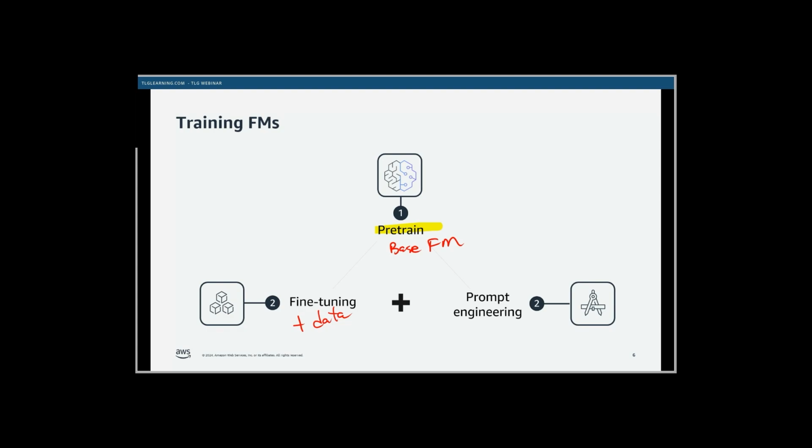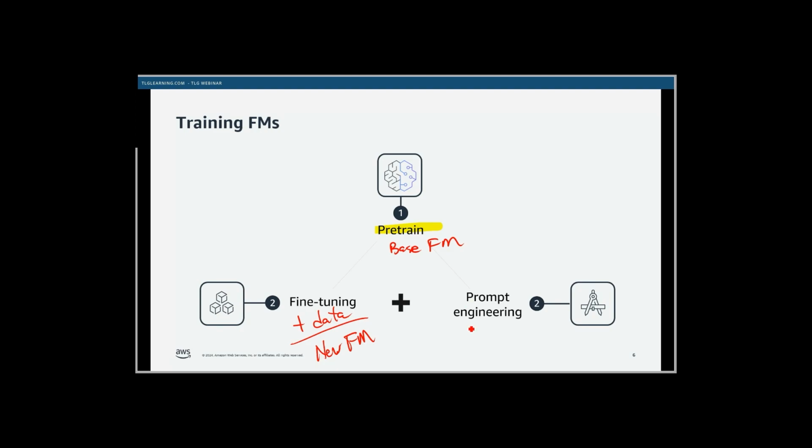Or additional training of a foundation model can be achieved with prompt engineering, which is the focus of this presentation. We want to make the distinction, though, with fine tuning. We're adding additional data, combining it with the original base foundation model, and then you get a new, altered foundation model. After the fine tuning, you're actually changing the model, changing the internal model parameters based on the data that you provided.